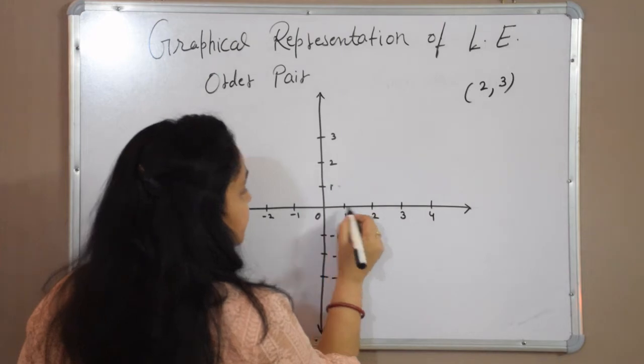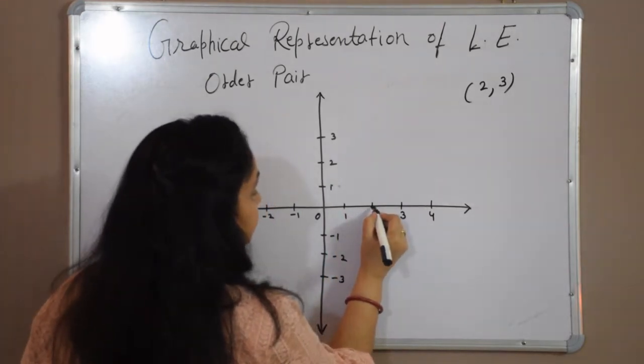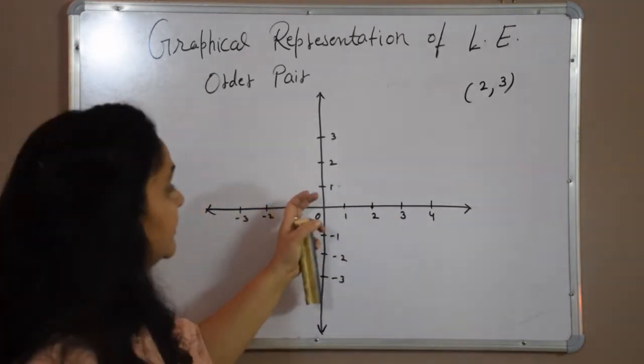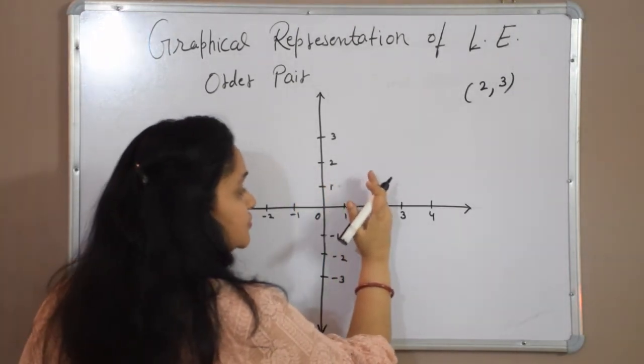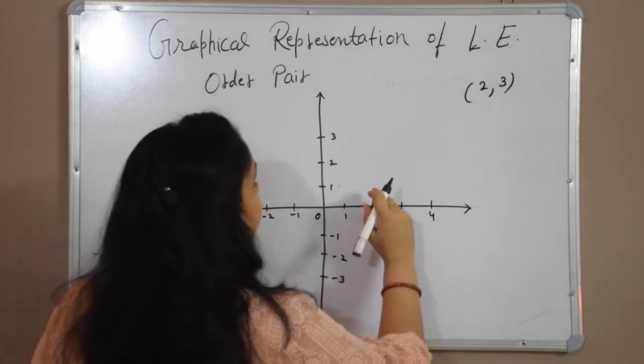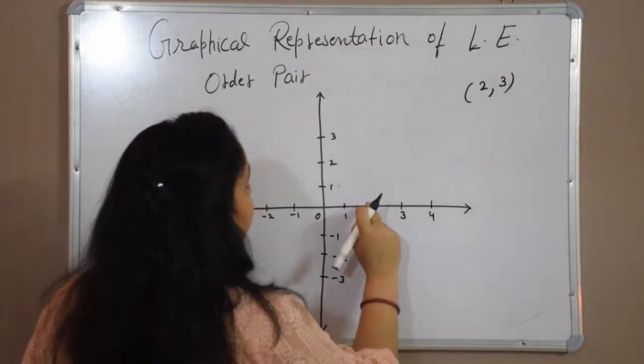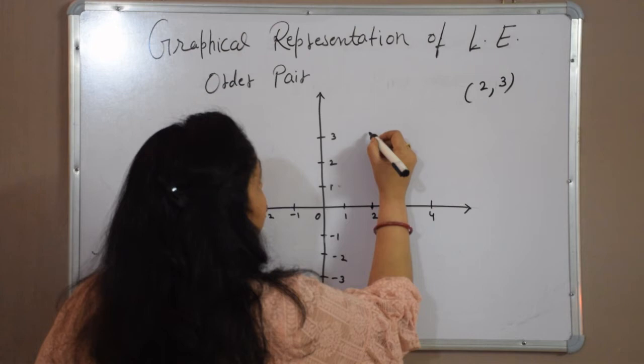Then I will consider 2 on the x-axis here. That is the perpendicular distance from the y-axis. From the y-axis I am taking a distance of 2 centimeters, and then again it is 3, so I am taking a distance of 3.